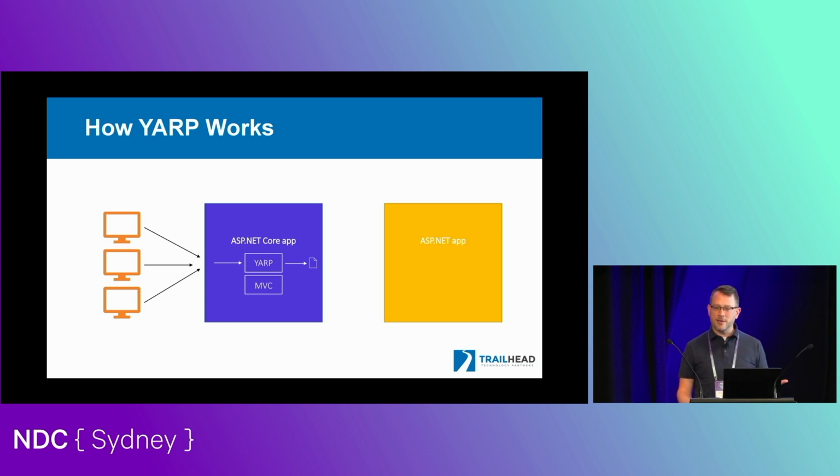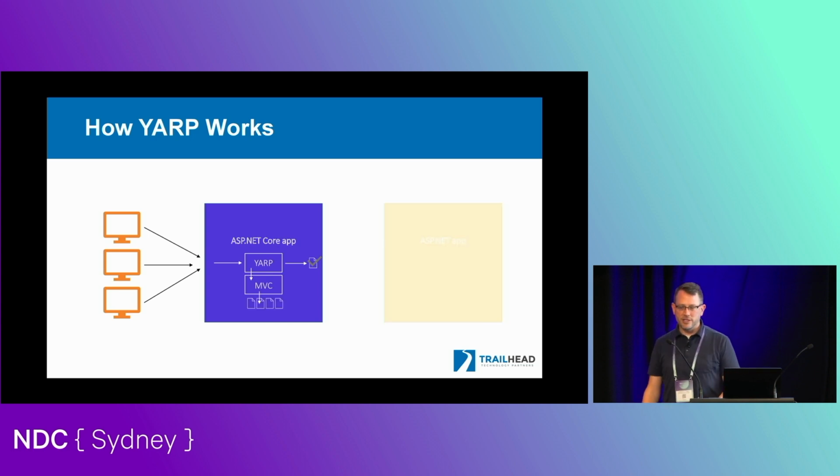And that routing table then knows what endpoints it can respond to and which ones it should just do a 404. So it's going to look at that routing table and say, do I have this endpoint that's being requested, registered? And if the answer is yes, then it's going to go ahead and forward that down the pipeline. And eventually that's going to hit MVC, which is going to say, oh, I have a controller for that.